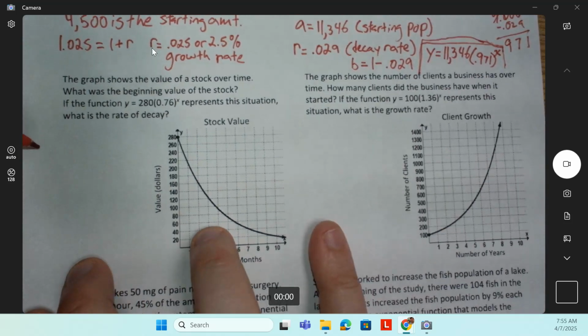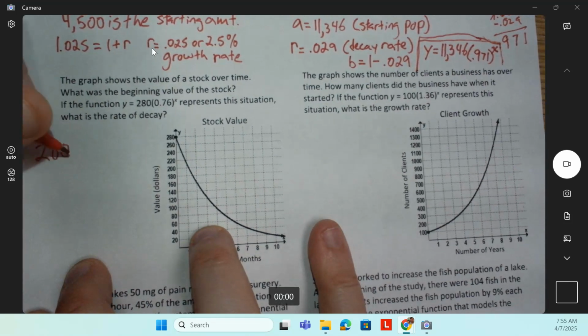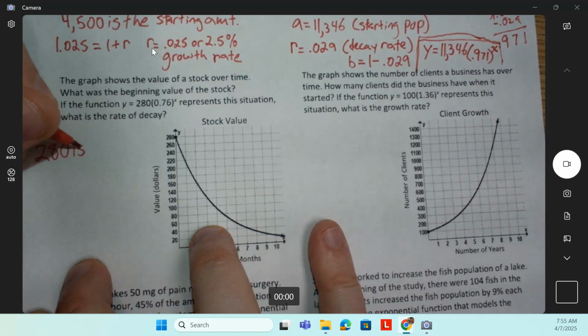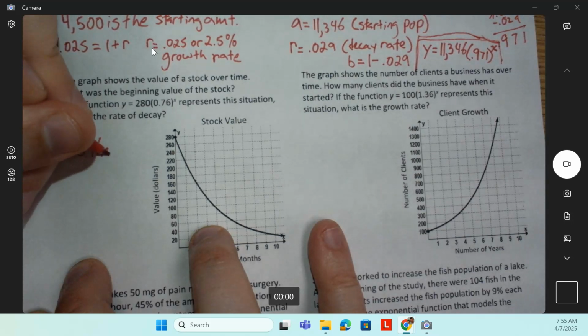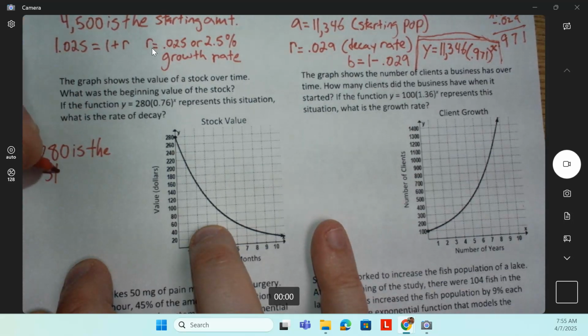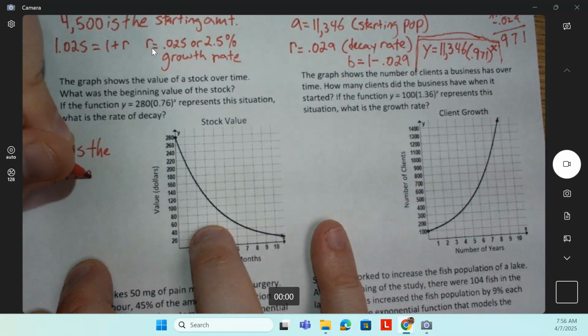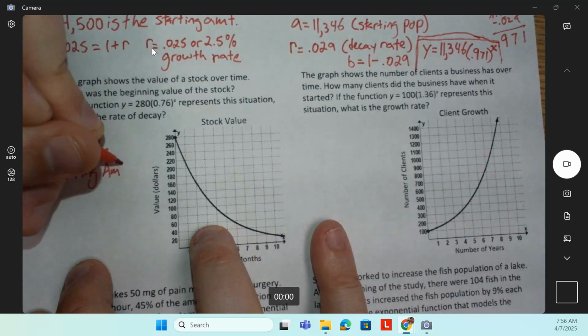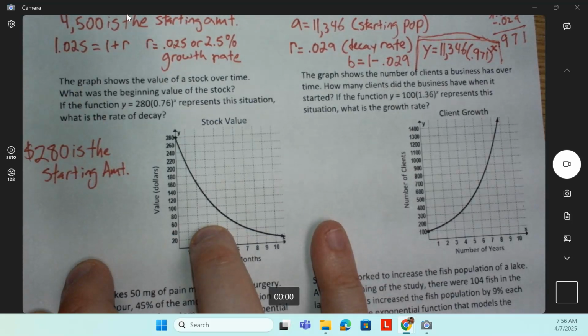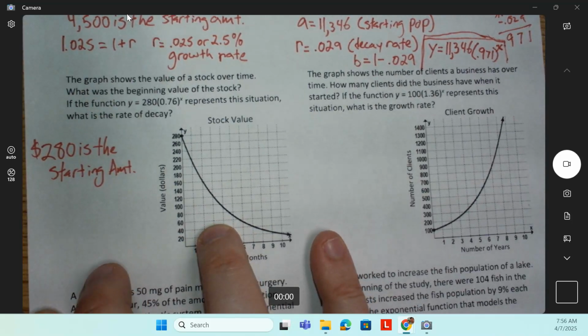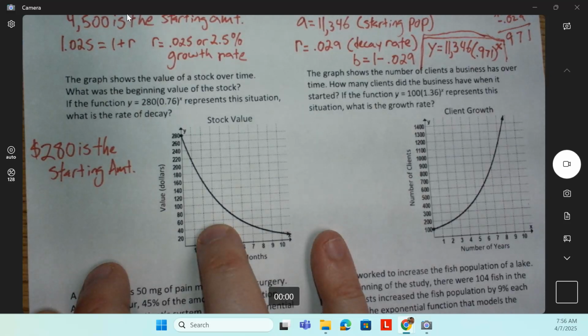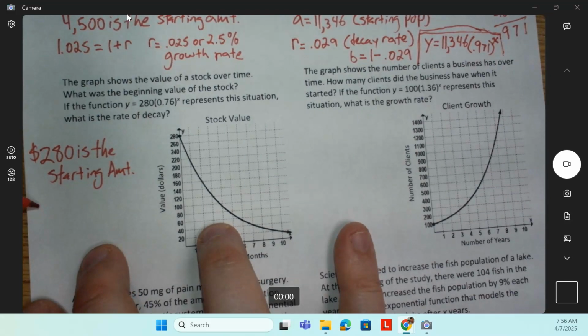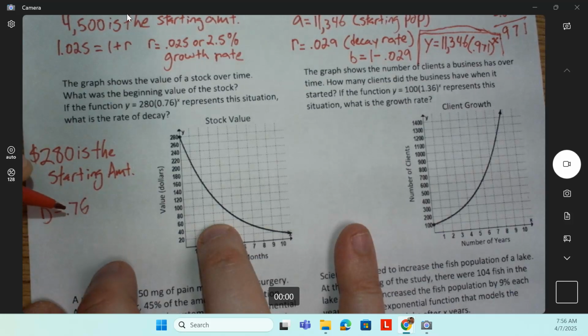The 280 is the starting amount. So it starts with 280. The b value equals 0.76.